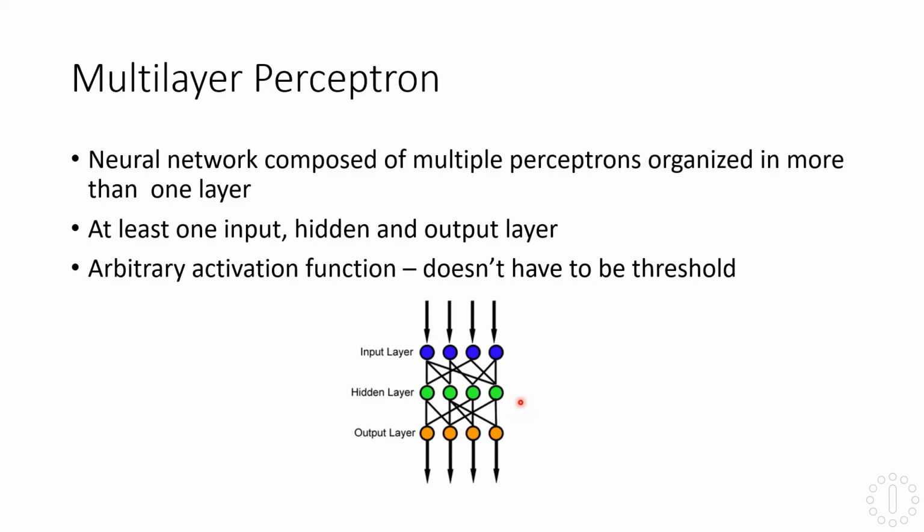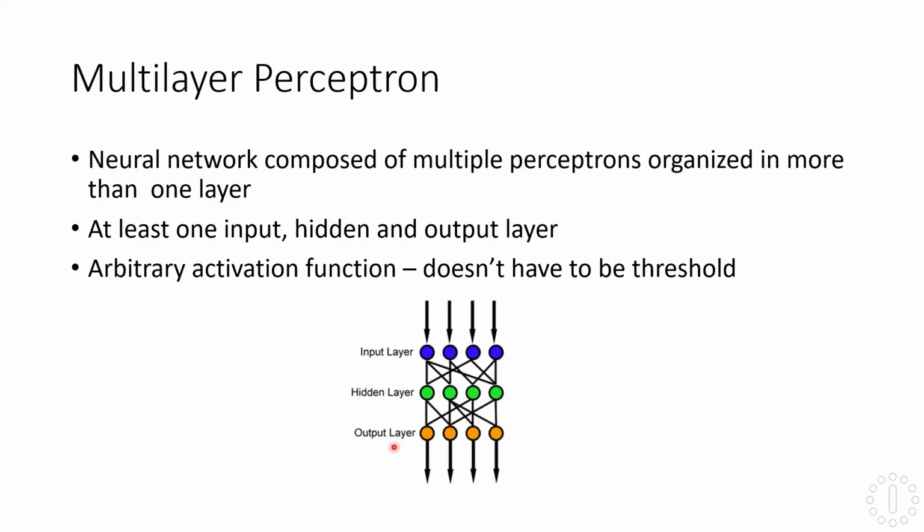In the hidden layer we compute some outputs based on the values that come from the inputs multiplied by the weights with which each neuron is connected to the neuron in the hidden layer. We compute some outputs and then we pass them on to the next layer.